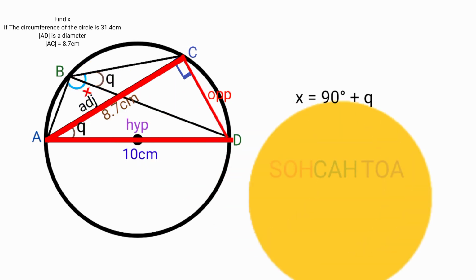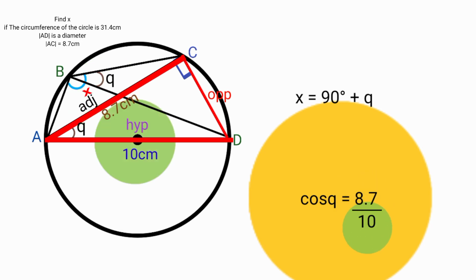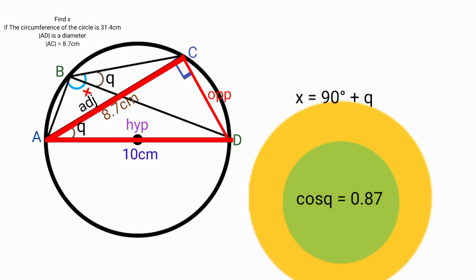So from the SOHCAHTOA formula, we can use this here, because cos theta equals adjacent over hypotenuse, where theta here is Q. Our adjacent is 8.7 centimeters and our hypotenuse is 10 centimeters. So now, cos Q equals 8.7/10, which is 0.87.